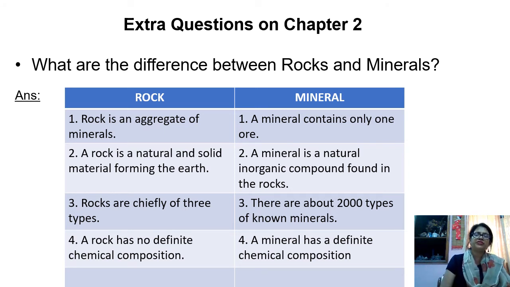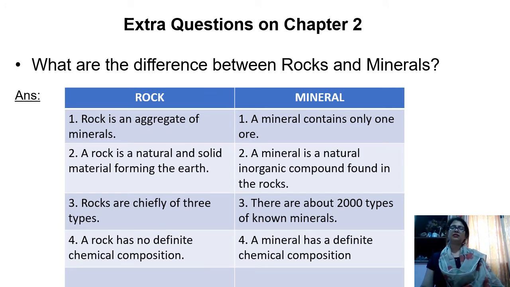Rocks are chiefly of three types. There are 2000 types of minerals. A rock has no definite chemical composition; different rocks have different compositions. A mineral has a definite composition. Minerals like gold, silver, uranium or mica have a definite chemical composition. That's why we can name them.